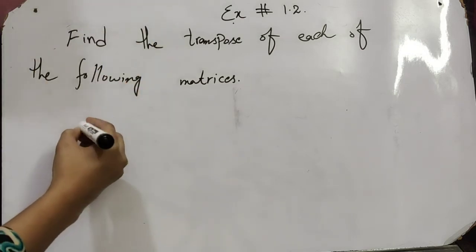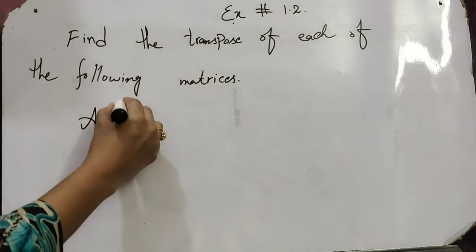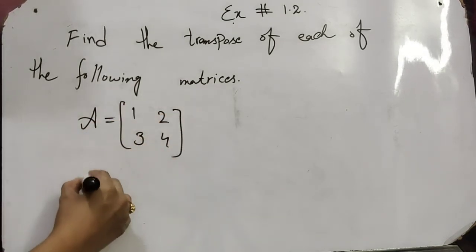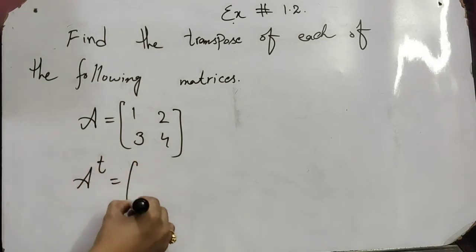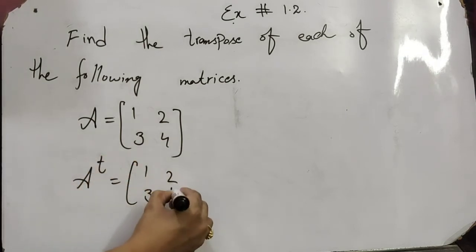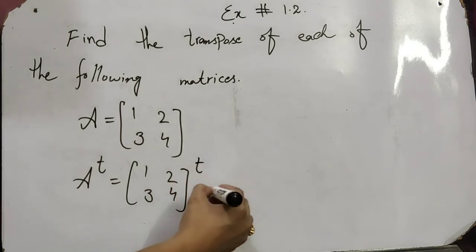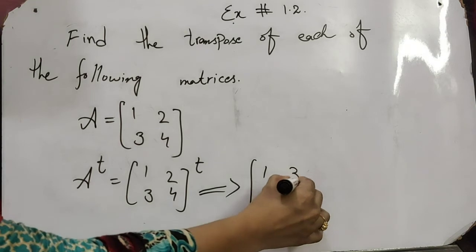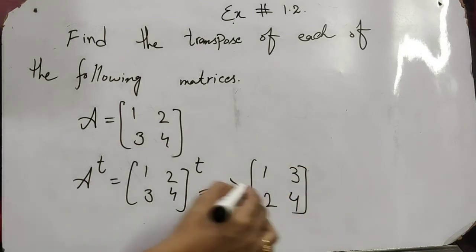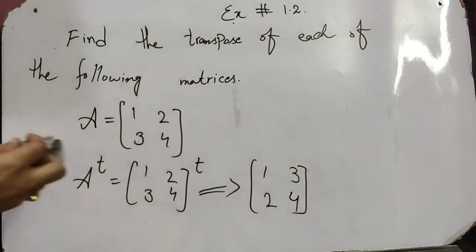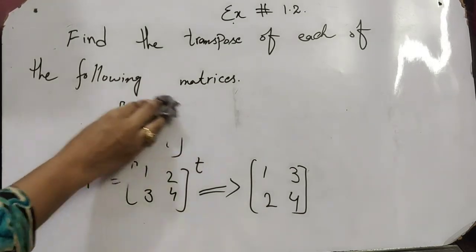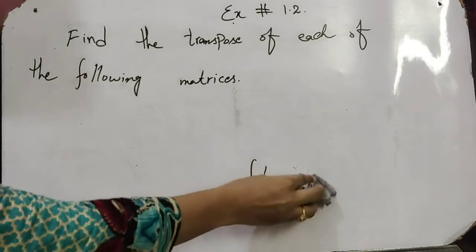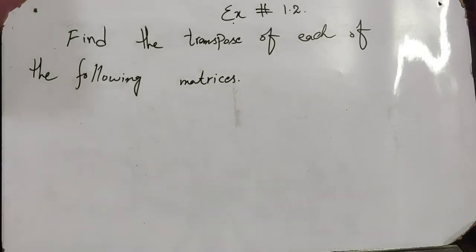For example, if we have a matrix A equal to 1, 2, 3 and 4, then A transpose is found by interchanging rows and columns. Now we will move to question number 5.